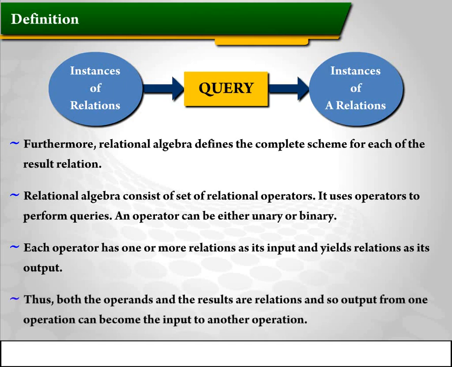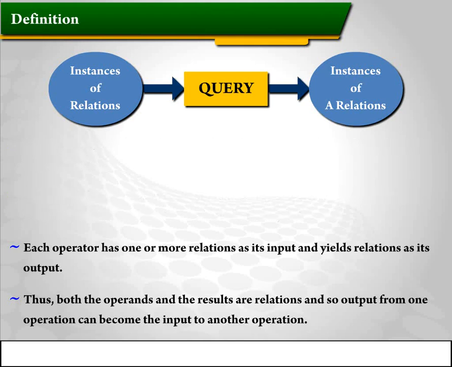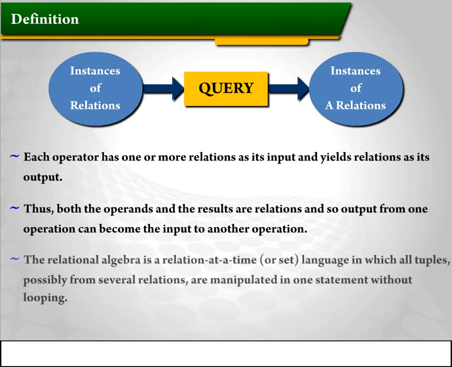Thus, both the operands and the results are relations, and so output from one operation can become the input to another operation. The relational algebra is a relation-at-a-time or set language in which all tuples, possibly from several relations, are manipulated in one statement without looping.